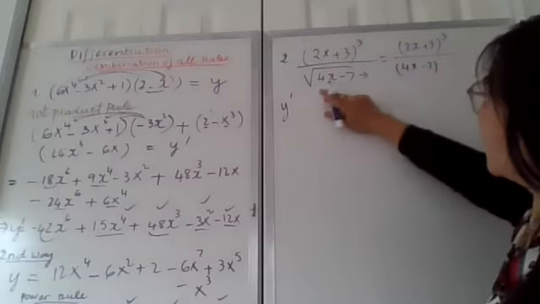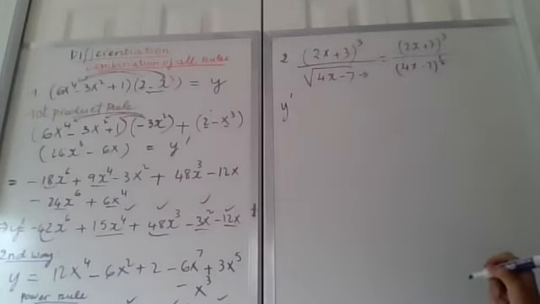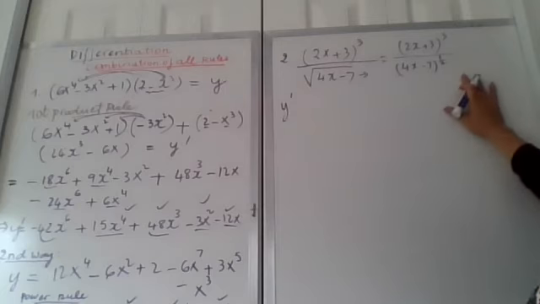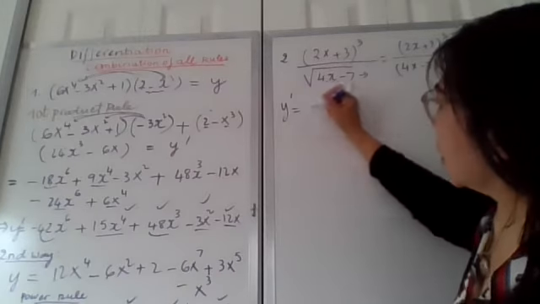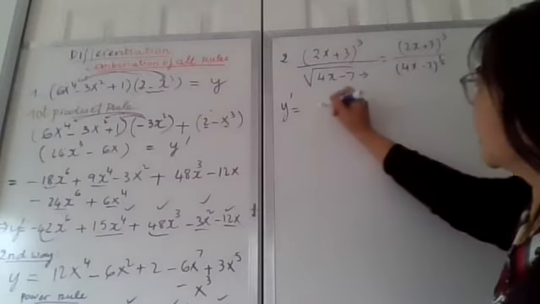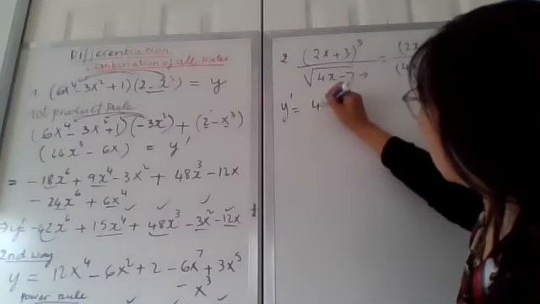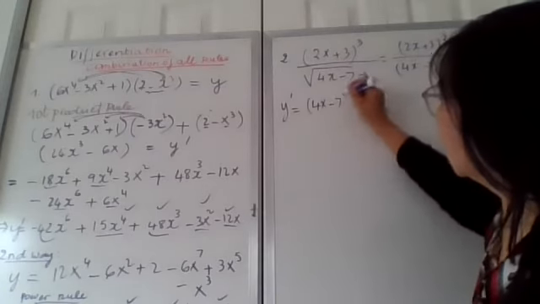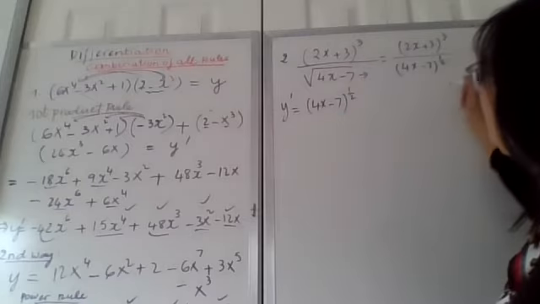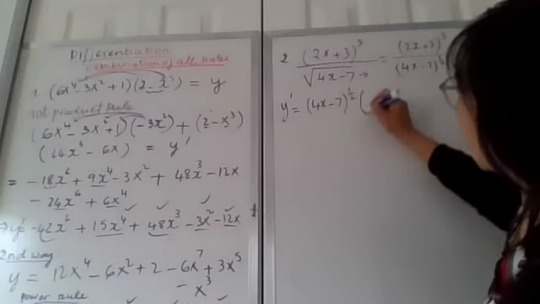But I'm going to change the radical into a rational exponent, which is 1 over 2, so that I can do it more easily, okay? So y prime will be equal to, the quotient rule says I'm going to keep this the same, 4x minus 7 to the 1/2. So keep this one, take the derivative of this one.